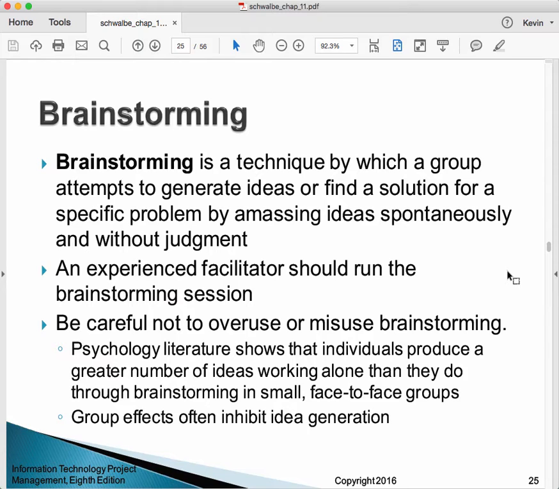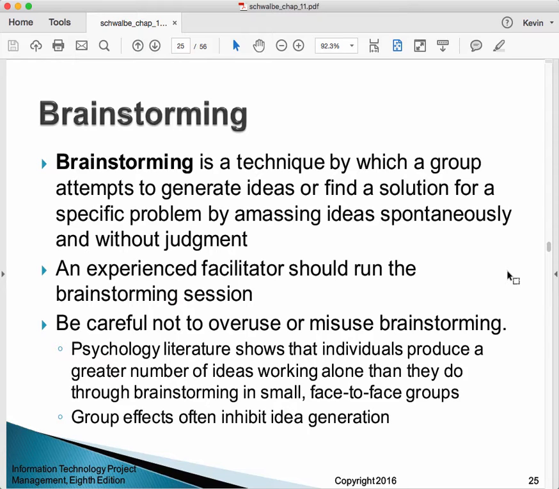It's interesting. The psychological literature shows that individuals produce a greater number of ideas working alone than they do through brainstorming in small face-to-face groups. The group effects often inhibit idea generation. So I think there are two problems with brainstorming in its classic form.